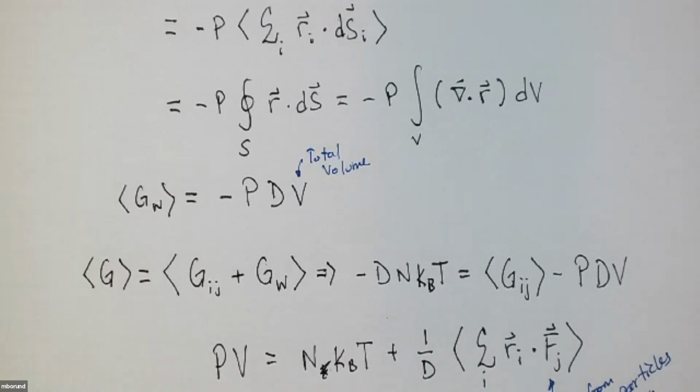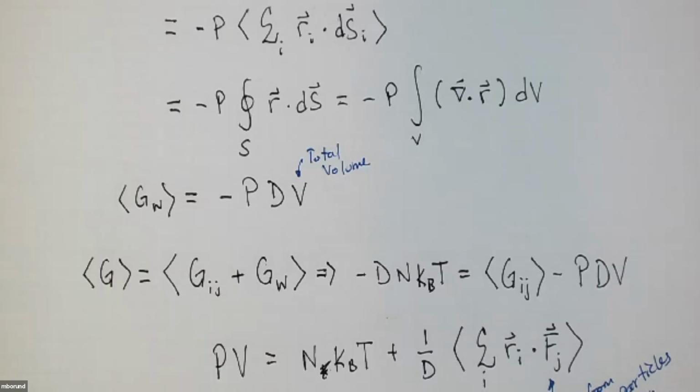At this point, you say like, wait, I've seen this before. Where have you seen this? Physics 1, right? Or chemistry 1 even. PV is equal to NkT. Maybe you know it as PV equals nRT, with R being the gas constant.